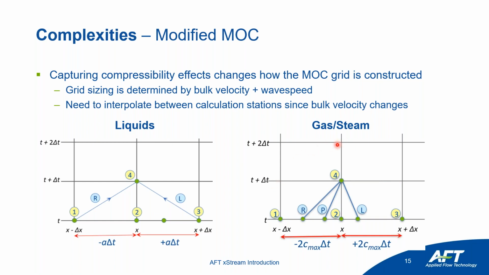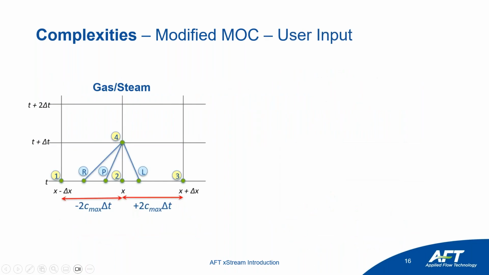We run our calculation, we look back, and we can perform that same interpolation. Here, we're looking at the wave speed. Here we have to essentially make our grid a bit larger based on this Cmax, which is our maximum wave speed, essentially, which is going to be based on temperature, which we'll talk about here in user input.